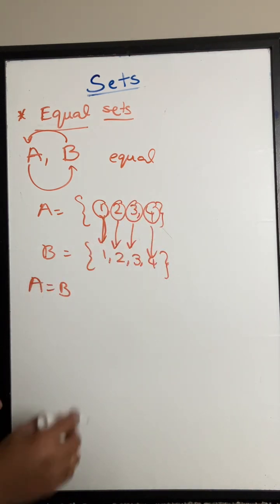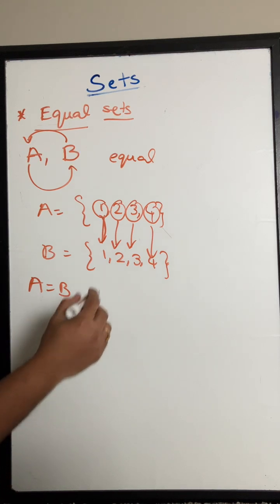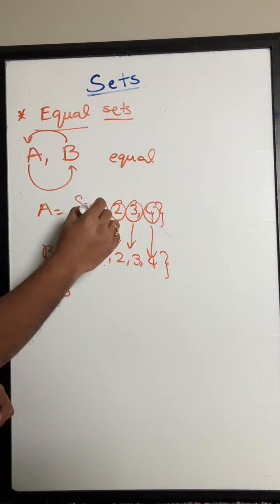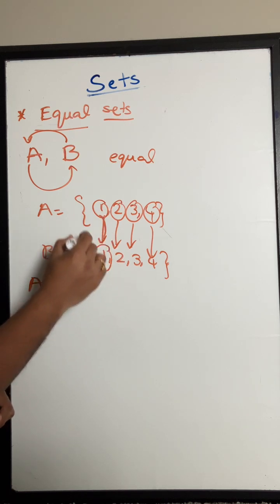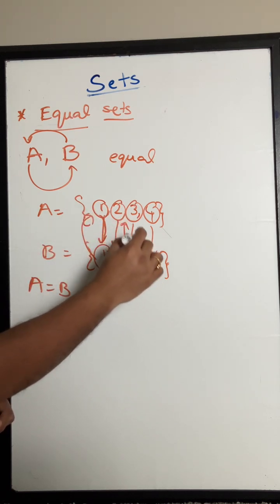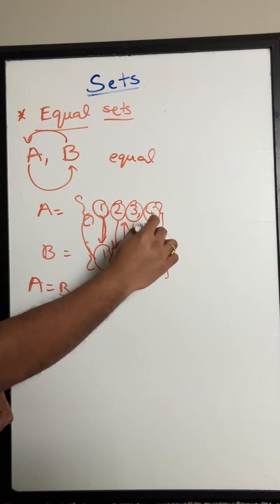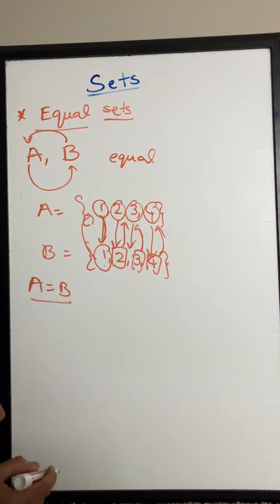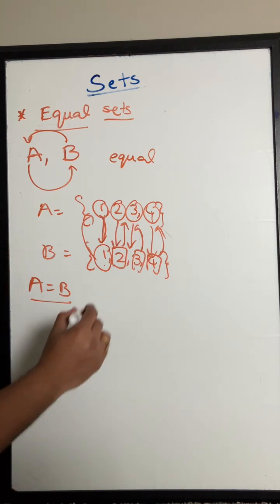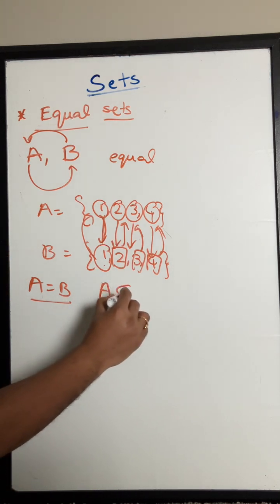Good job. And it won't stop there. Every element of B should also be present in A: 1, 2, 3, 4. Then only are they called A equal to B. How do we write that every element of A should be present in B? That is A is a subset of B.